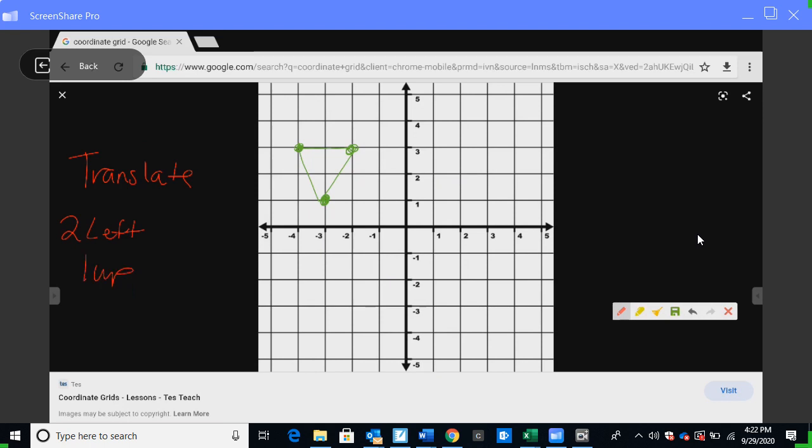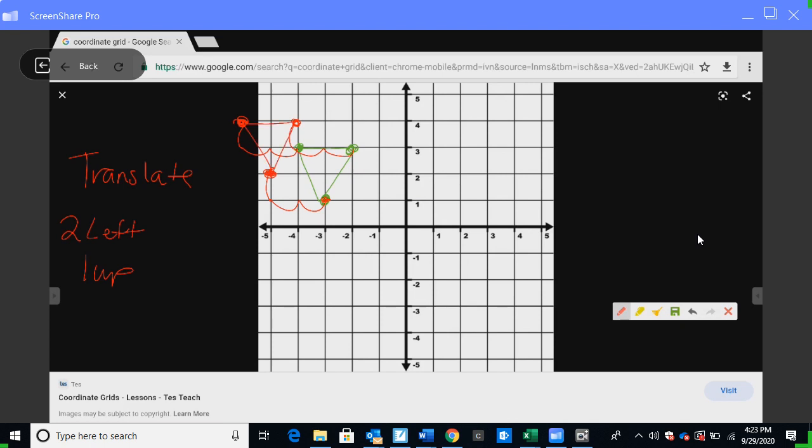It's like Pac-Man. You move along the line. So I take this point, I move 2 to the left, 1, 2, and then 1 up. There's my new point. Same goes for this one: I move 2 to the left, 1, 2, and 1 up. There's my new point. 2 to the left, 1, 2, and 1 up. There's my new point, and this would be my new shape.